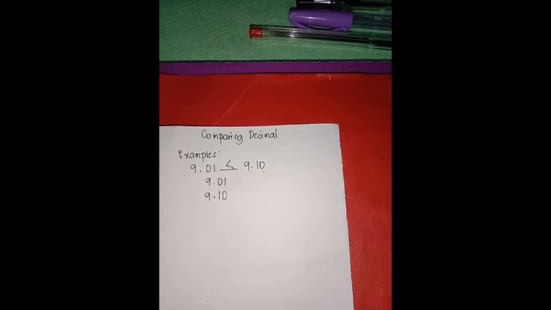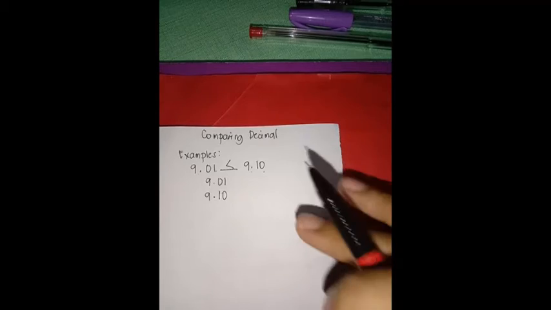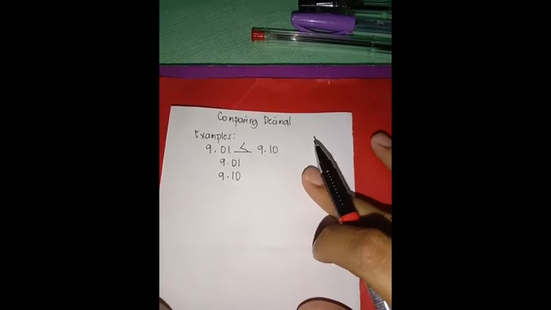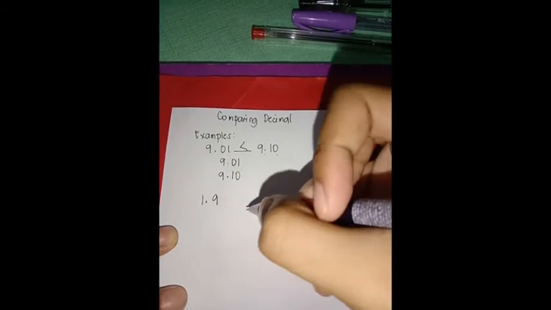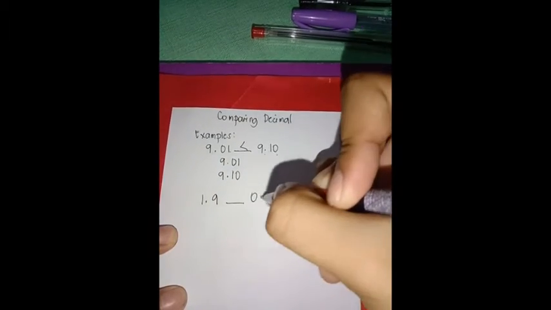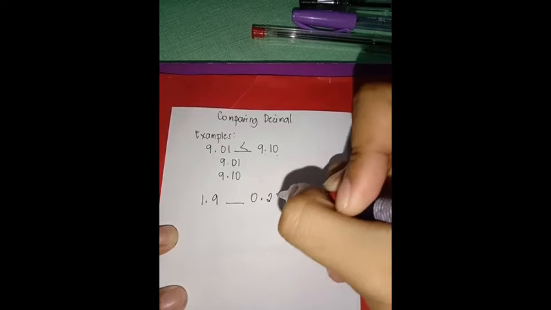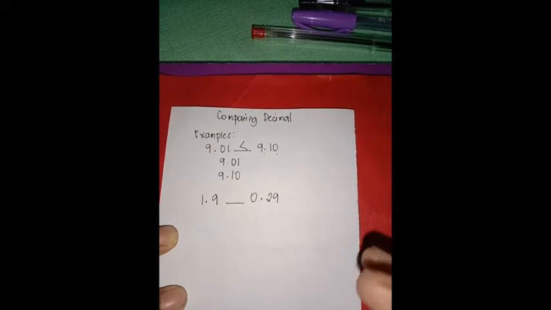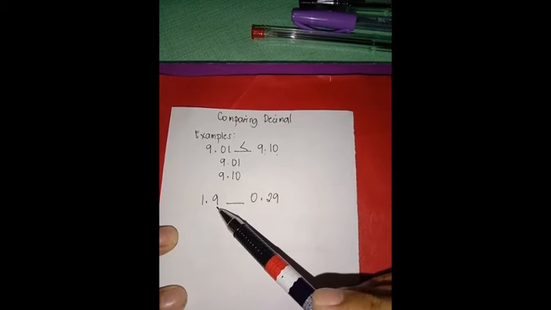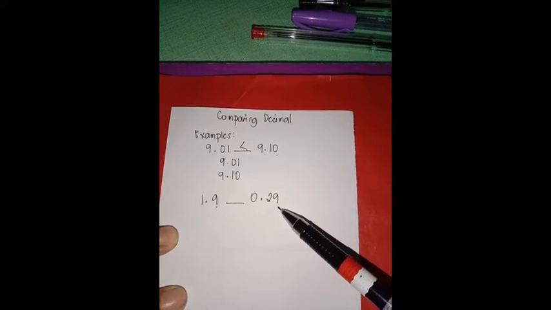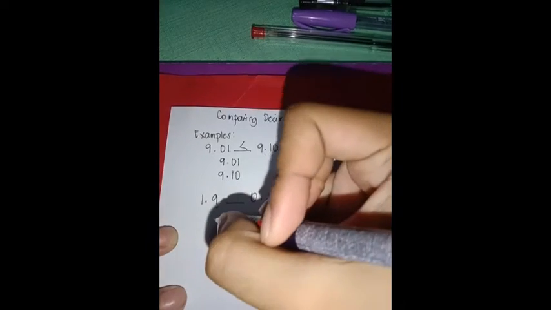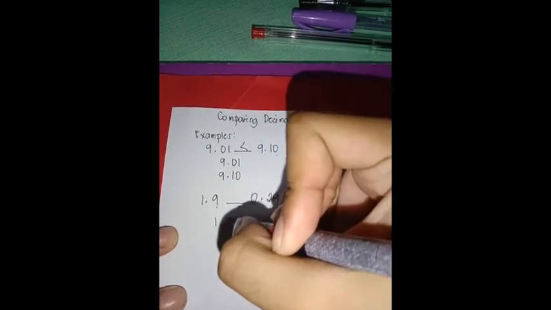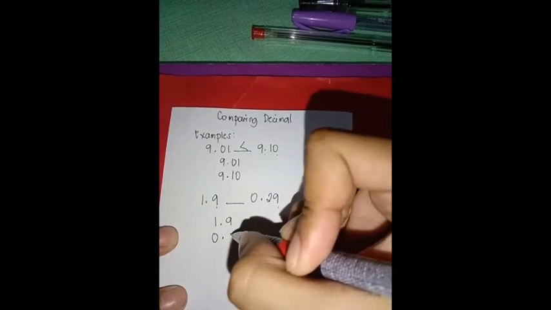Okay. So another example. What if I have here 1 and 9 tenths compared to 0 and 29 hundredths. Commonly we get confused because this is tenths and this is hundredths. But if we compare these decimals, I will arrange it vertically.